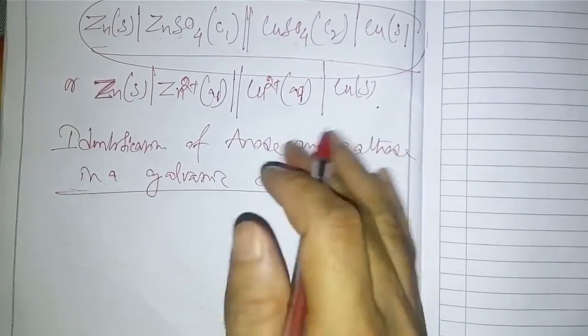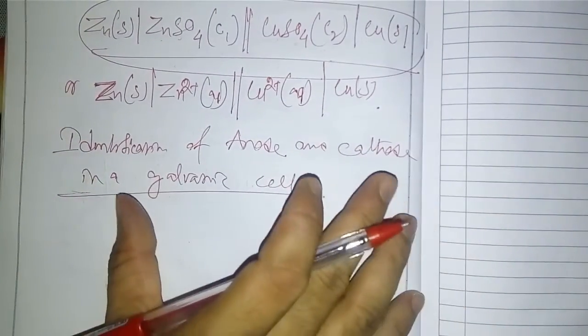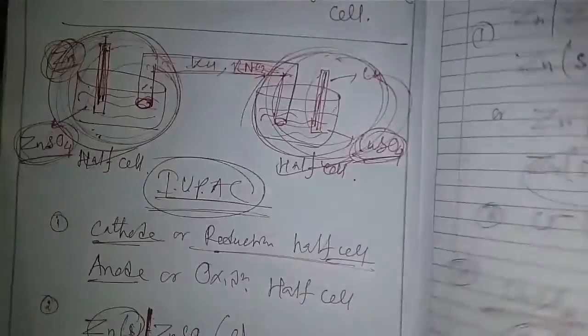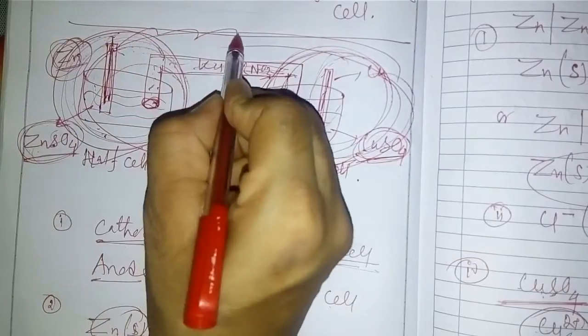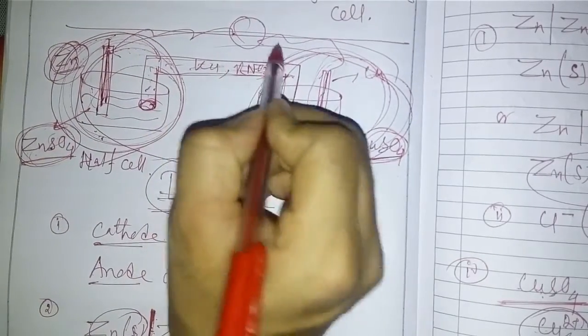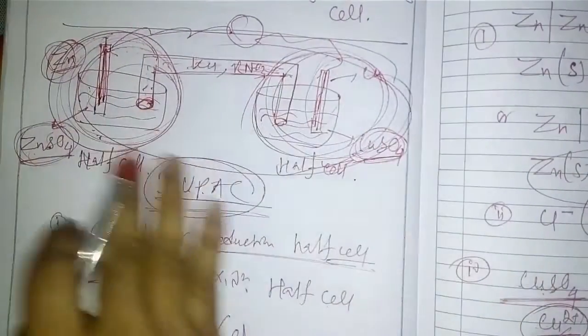In a given galvanic cell, suppose one galvanic cell is there with a metallic wire and a voltmeter.